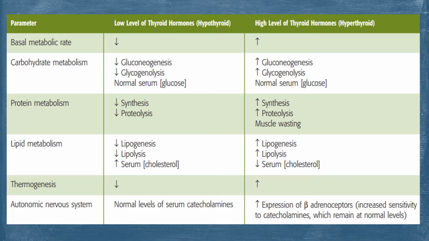Autonomic nervous system: thyroid hormones increase the activity of the sympathetic autonomic nervous system. How is that? Not by occupying the beta adrenoreceptors, but by increasing the expression of beta adrenoreceptors, meaning an increased sensitivity to catecholamines, which will result in increased sympathetic activity of the body.